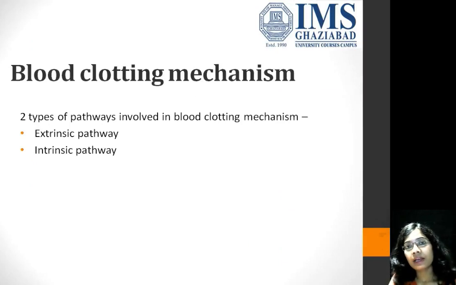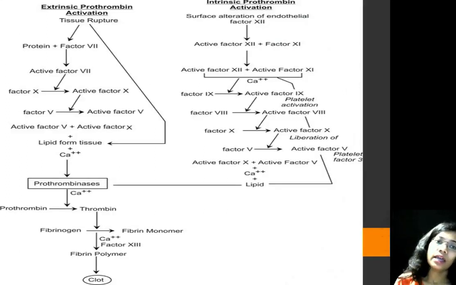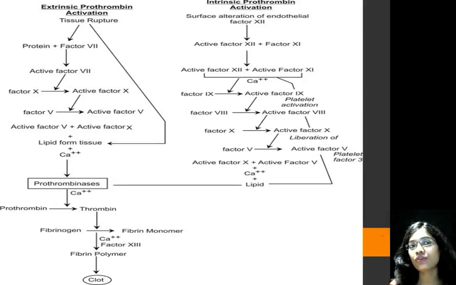Basically, the blood clotting mechanism comprises two pathways. First is the extrinsic pathway, and the next one is the intrinsic pathway. Extrinsic prothrombin activation: as soon as tissue ruptures, tissue protein plus factor 7 comes and gets activated. In the presence of activated factor 7, factor 10 converts into activated factor 10.